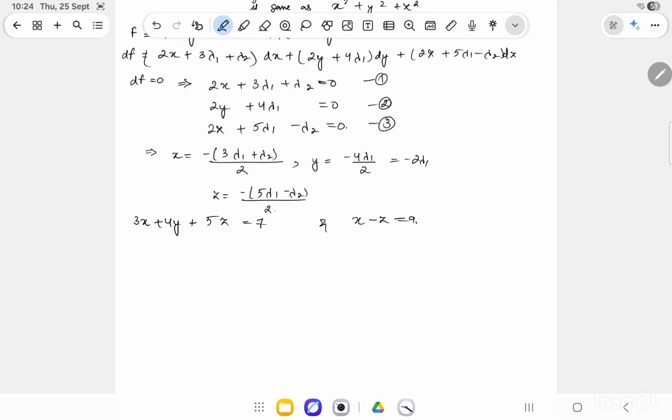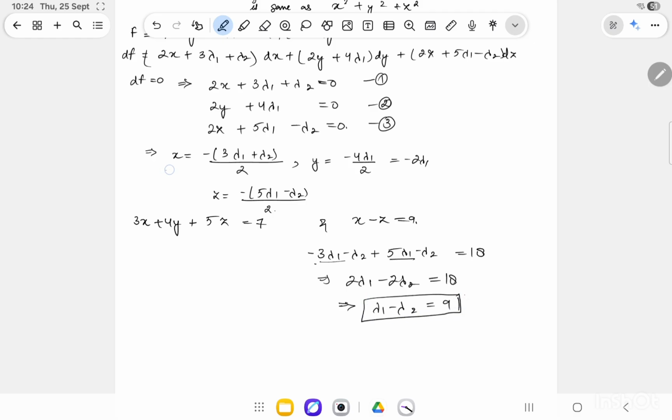So if I solve x minus z equals 9, that basically gives me minus 3 lambda 1 minus lambda 2 plus 5 lambda 1 minus lambda 2 equals 18. So from here I'll get 2 lambda 1 minus 2 lambda 2 equals 18. That basically gives me lambda 1 minus lambda 2 equals 9. So this is the first relation in between lambda 1 and lambda 2.